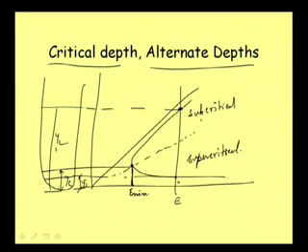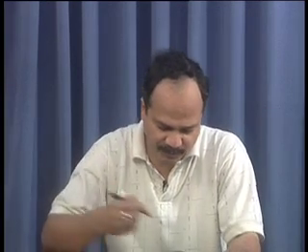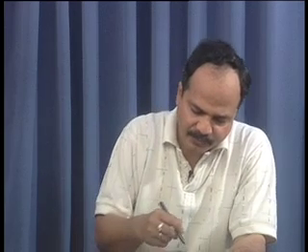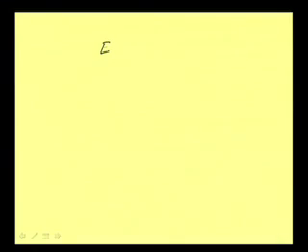Well, now let us see, we are talking about this minimum specific energy E minimum. Now, mathematically from that condition, can we have some expression? We are always writing E is equal to y plus v square by twice g.